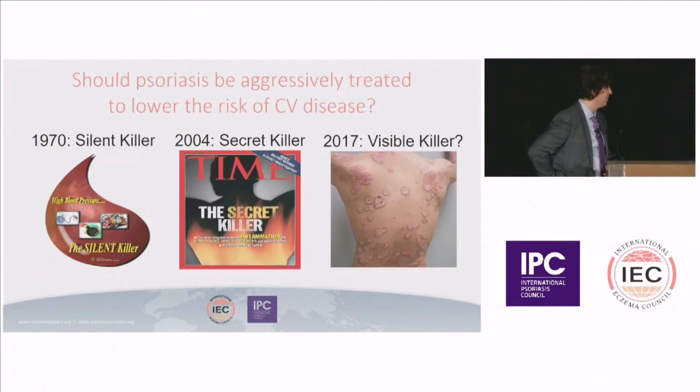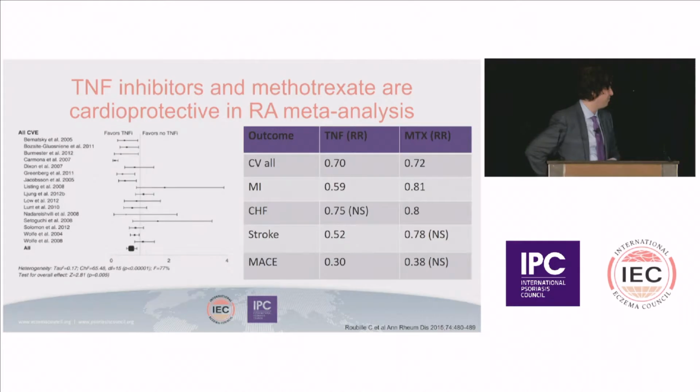All right, so this has led to the fundamental question for our field, which is really: is psoriasis an elective disease to treat, or is this a disease that 90% of the patient population can be left untreated, and that's something we should not be concerned about?